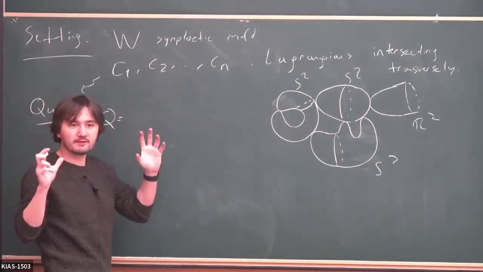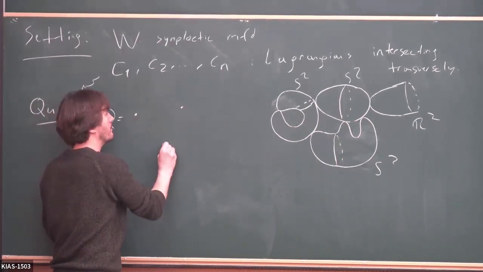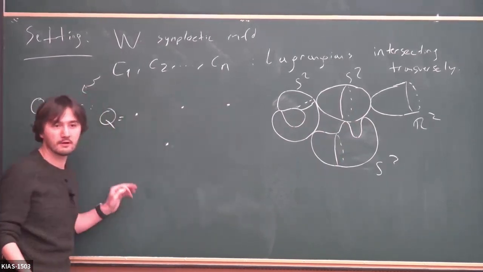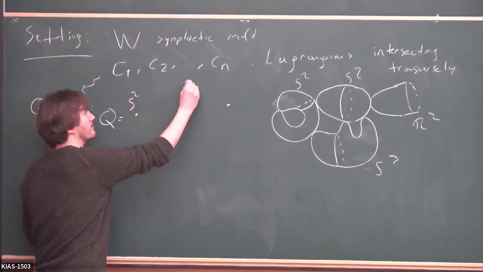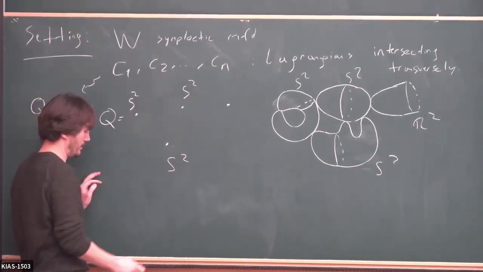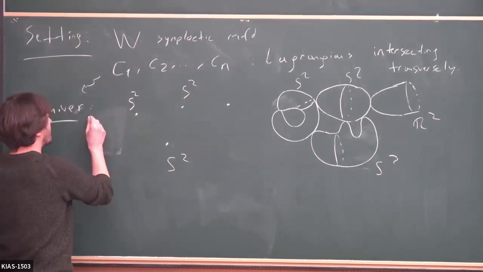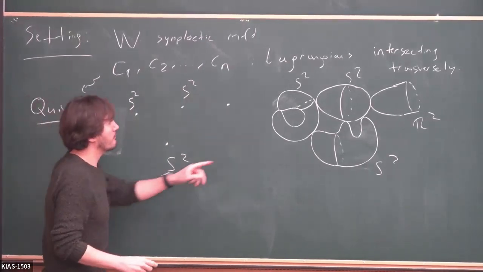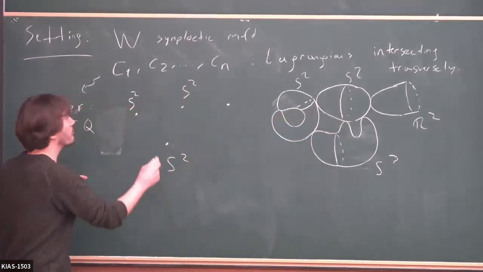So from this, you can get this quiver. For each piece of Lagrangian, you put one dot. And just recall what they are, decorate them with what they are. And for each intersection, put an arrow.